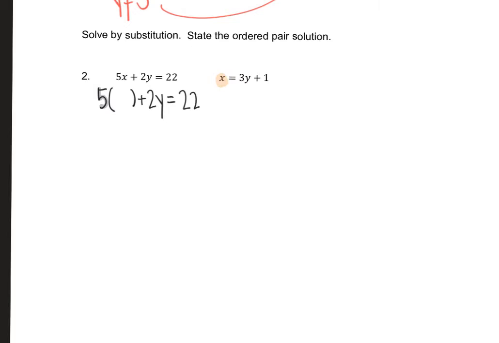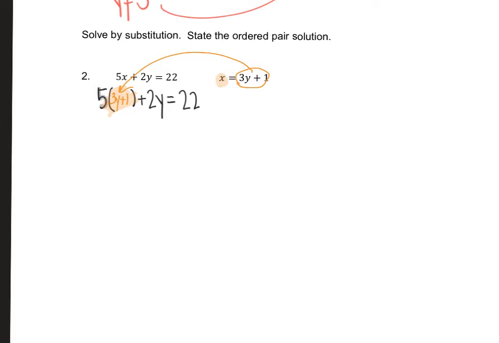Okay, so now I wrote my first equation as a template with the x out. And because I took the x out, I want to put what x was equal to in. So I'm going to put this in for my x. Now, I didn't really leave myself a lot of room, but I'm going to try to fit it in there. And I'm going to write 3y plus 1.